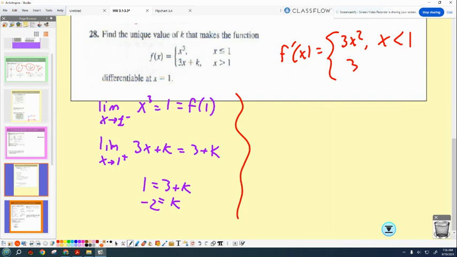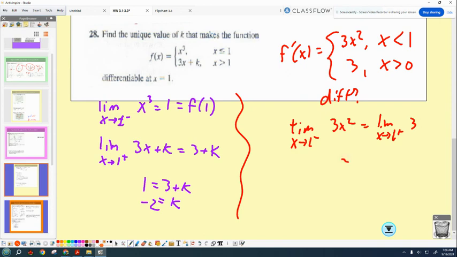Just 3. For it to be differentiable, I need the slope from the left of 1 to equal the slope from the right of 1. So it does end up that 3 equals 3.